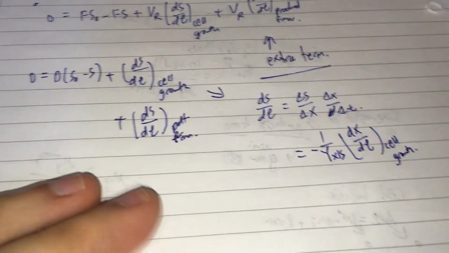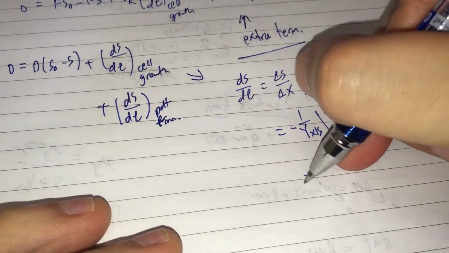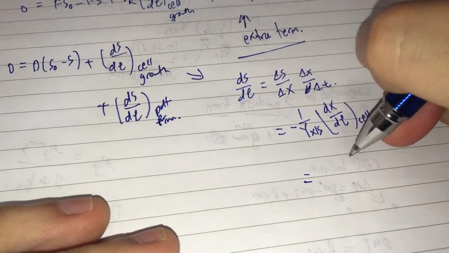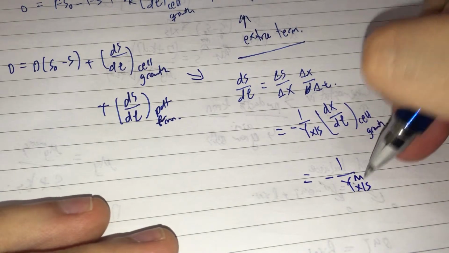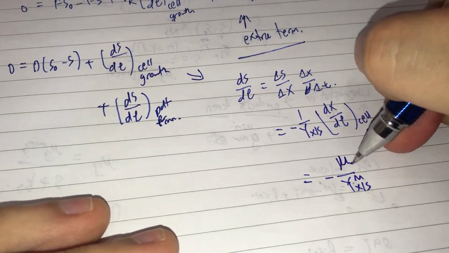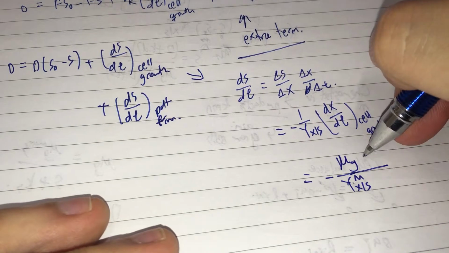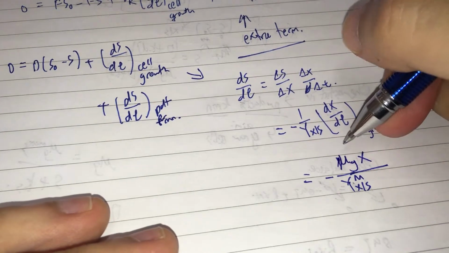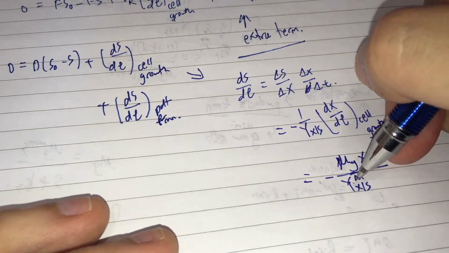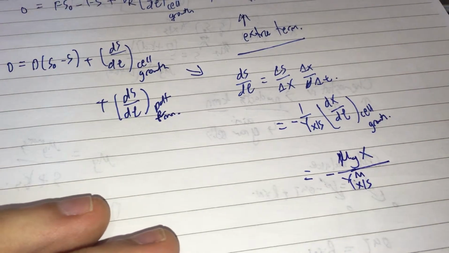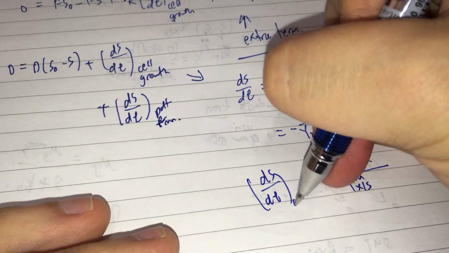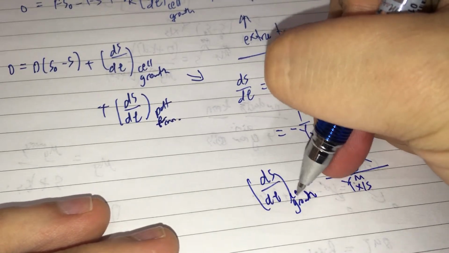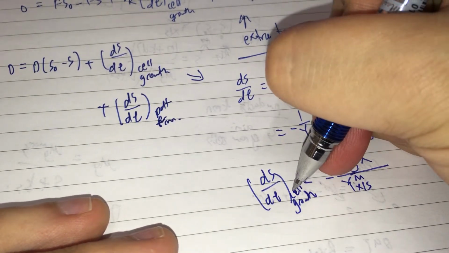If this is the maximum, we will relate it directly to the rate of growth of cells, mu g. So this is mu g times x over Y x by s maximum.